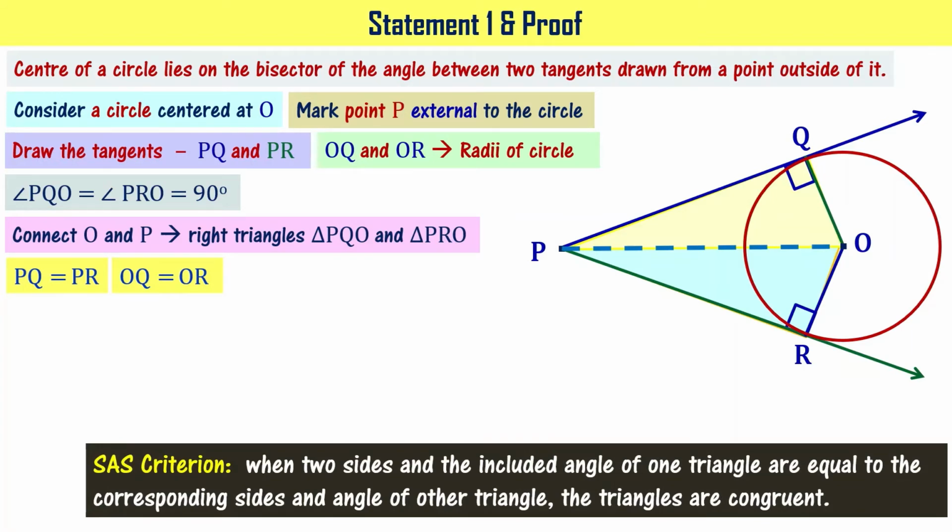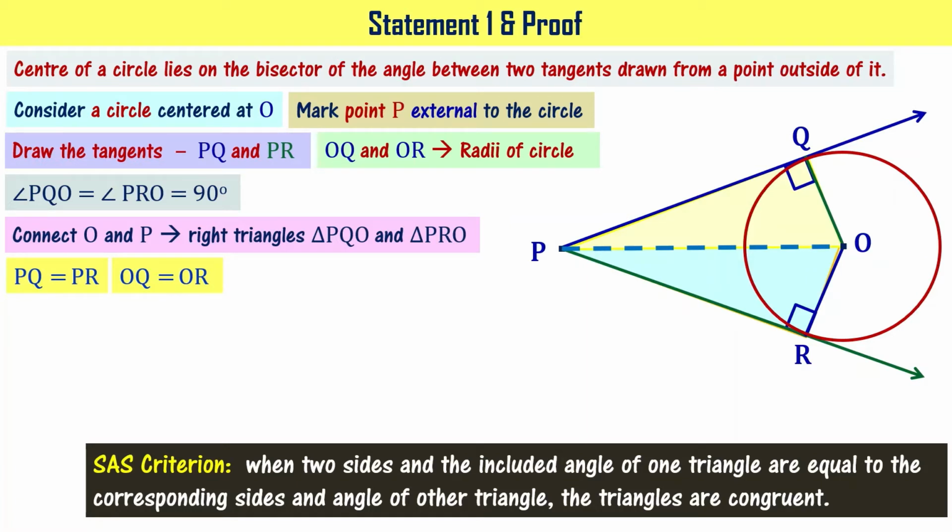Now you can apply SAS criterion of congruency of triangles that states that when two sides and the included angle of one triangle are equal to the corresponding sides and angle of the other triangle, then the triangles are congruent. In this particular case, if I consider triangle PQO and right angle Q, the sides including the right angle are PQ and OQ, right?